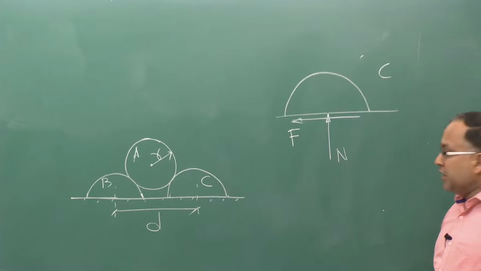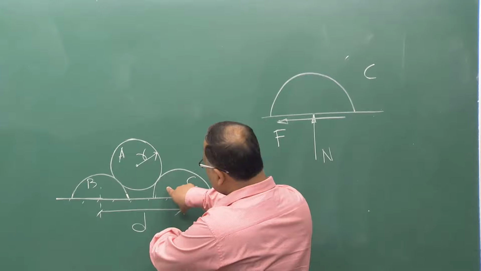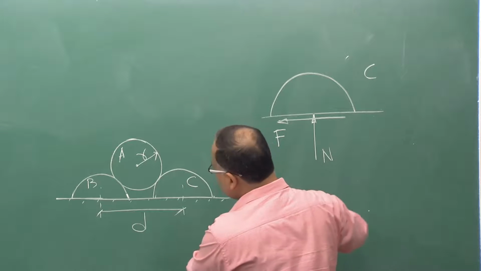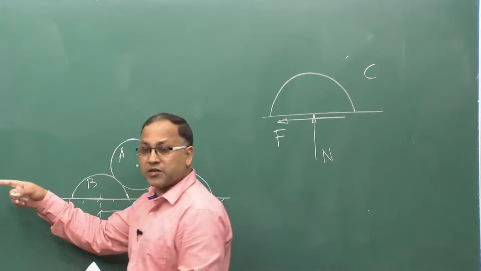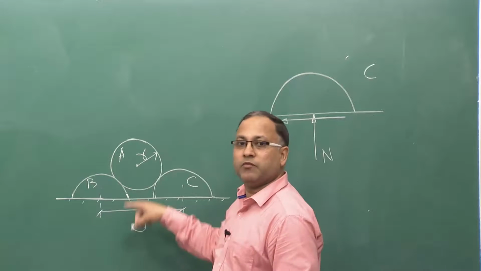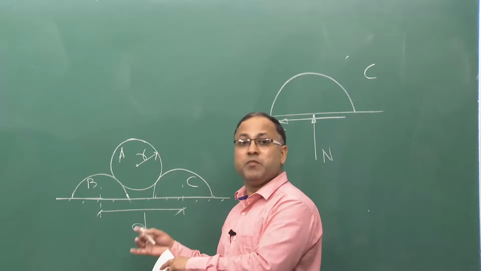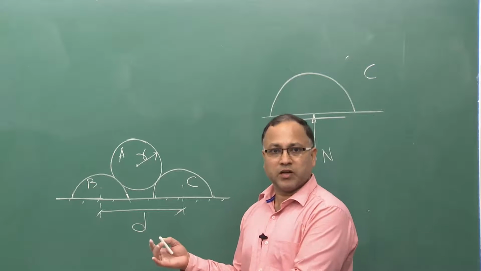And what will be happening? If this cylinder C is moving in the rightward direction and B is moving in the leftward direction, then basically A will be falling down. So, this kind of movement is actually possible in this configuration.